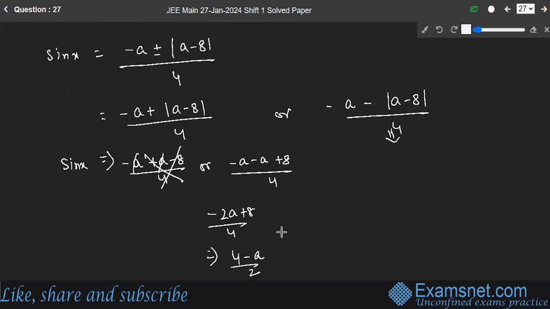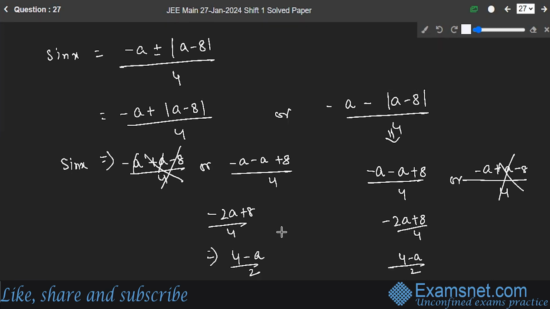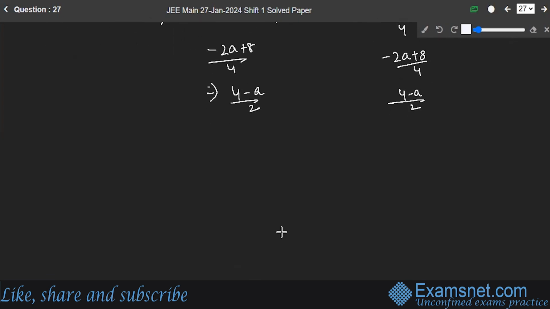Now this one will be minus a plus 8 upon 4 or minus a plus a minus 8 upon 4, this is again not possible. And here you have the same thing, minus 2a plus 8 upon 4, or you have 4 minus a upon 2. So these are the two values, 4 minus a upon 2. That means both are the same, right? So that means sin x is equal to 4 minus a upon 2.